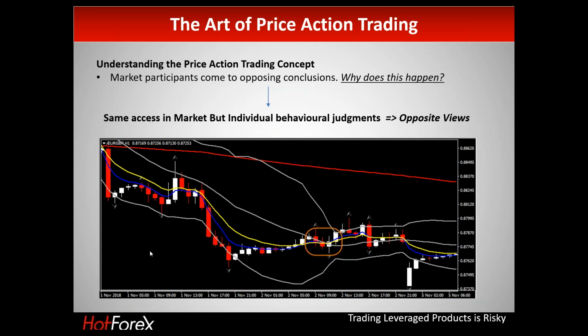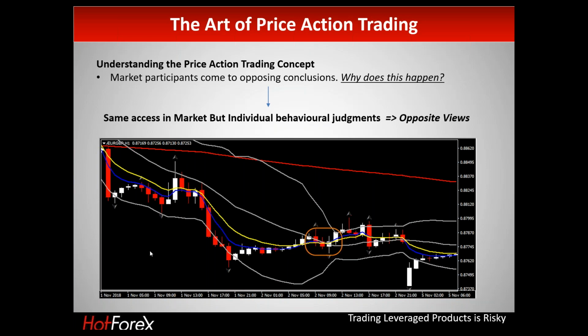We know what kind of data are out from Europe, so they might affect euro. We know whether, I don't know, Mr. Boris is speaking or whether Miss Lagarde is speaking, and so on and so forth. So we have the same information, same data. We know the same news, we have the same technical indicators, and we have the same fundamental analysis recommendations. If we search online, all of us can see the same things.